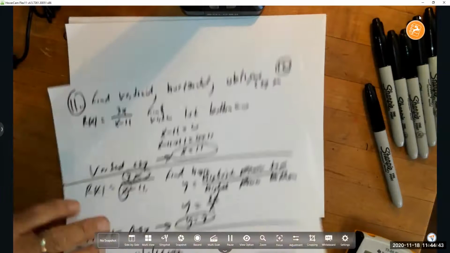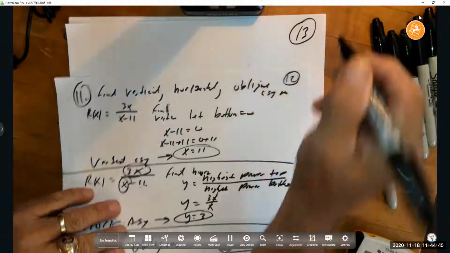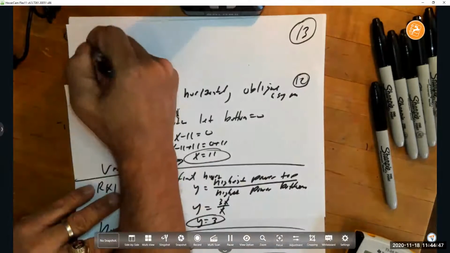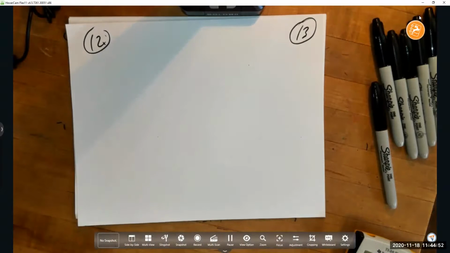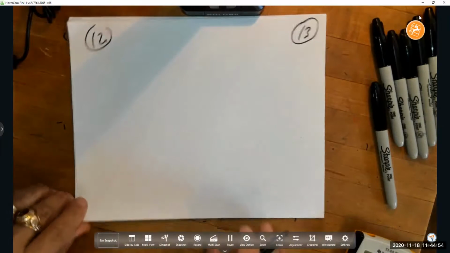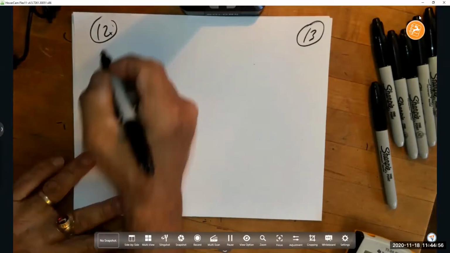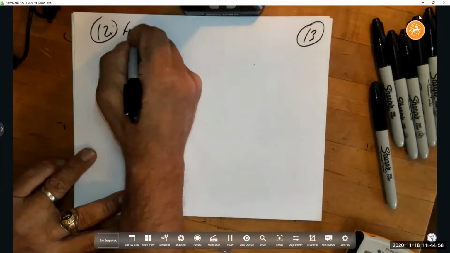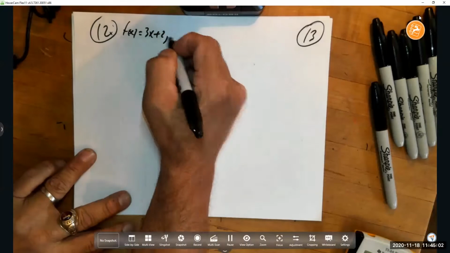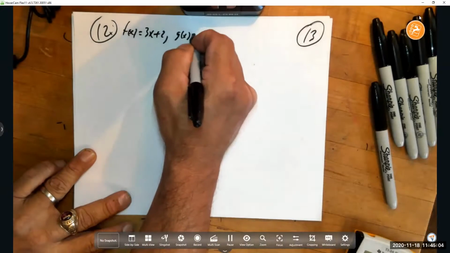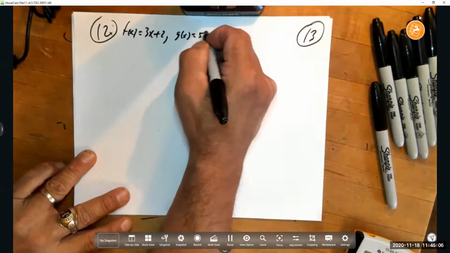All right. Let's see. Number 13, we're question number 12 now. Okay. Question number 12. Let me make some numbers up. F of x is 3x plus 2, and g of x is 5x.